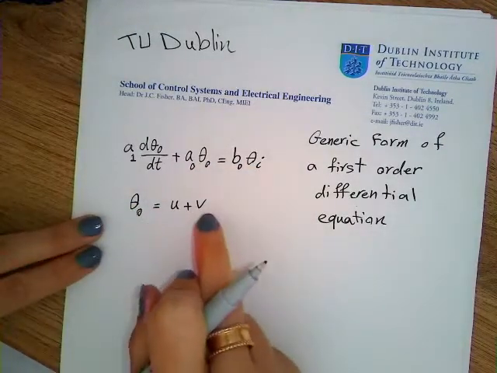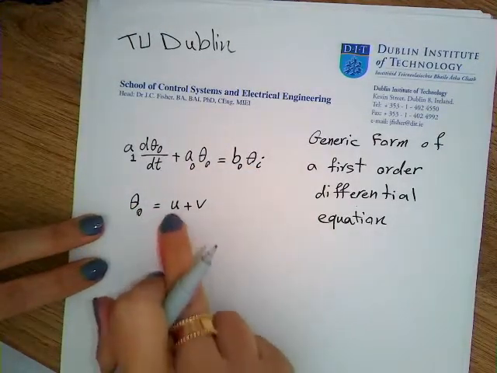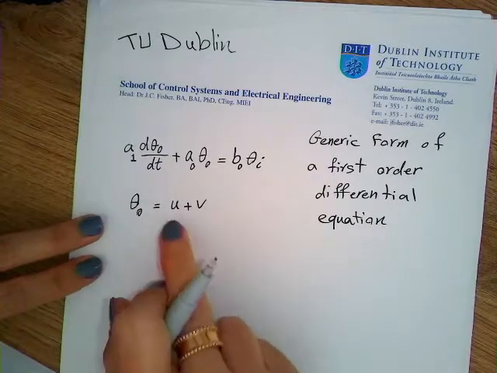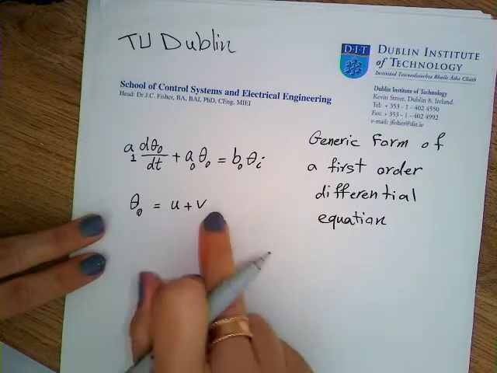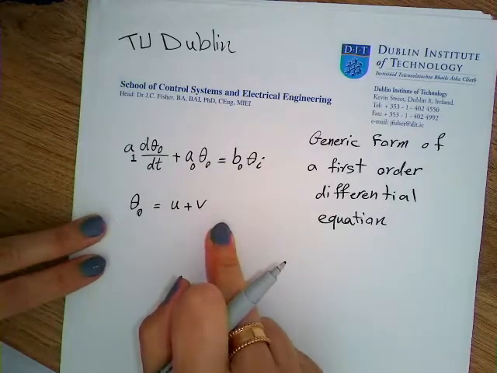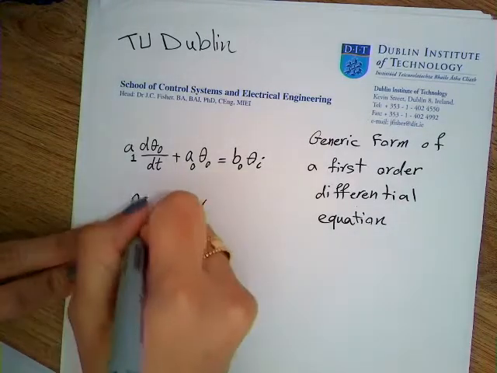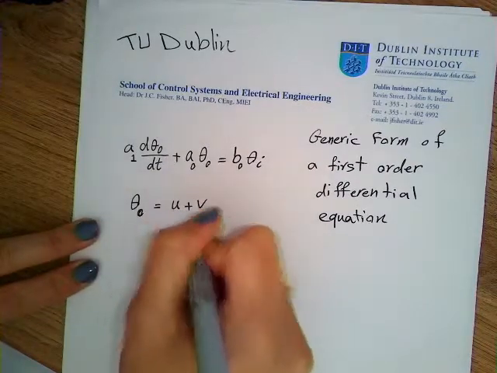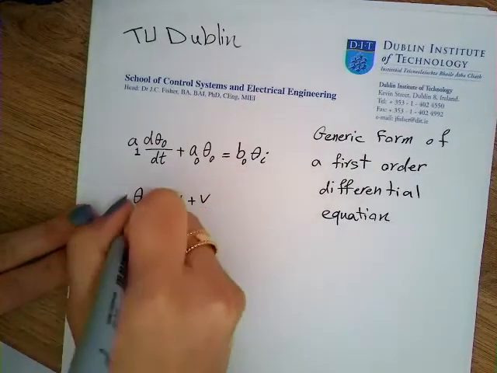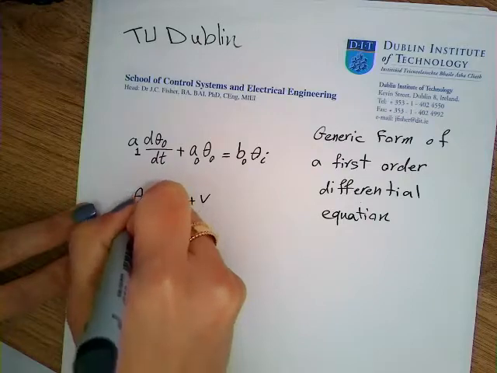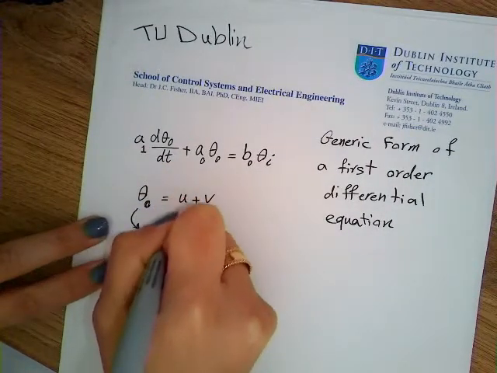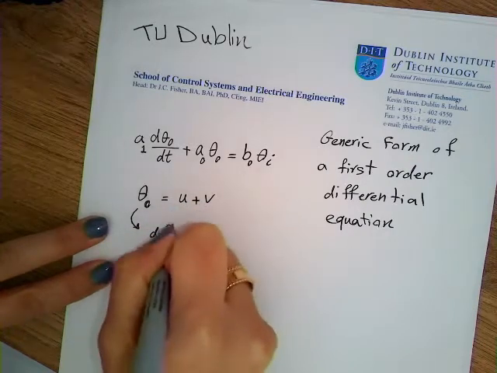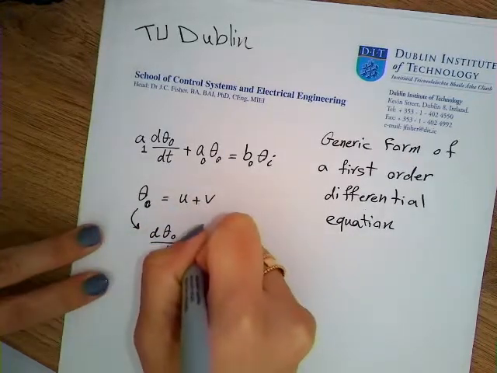Later on, I'm going to explain what these two parts are, but for now, we just assume that it is made out of two components. And if we have that assumption, so these are just two variables, I'm going to take the derivative of both sides with respect to time.